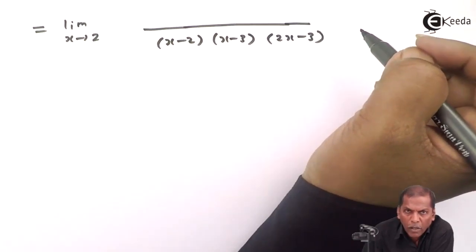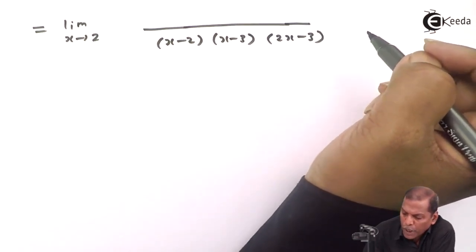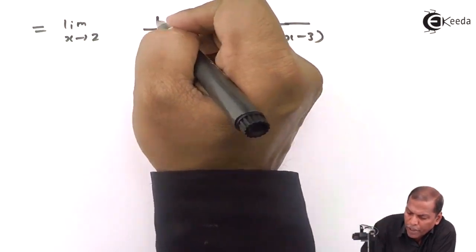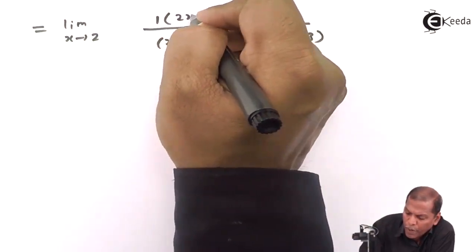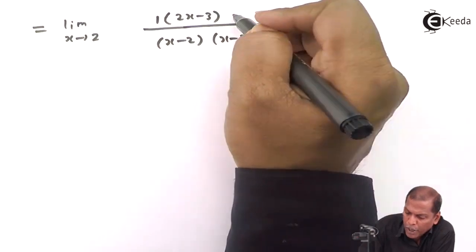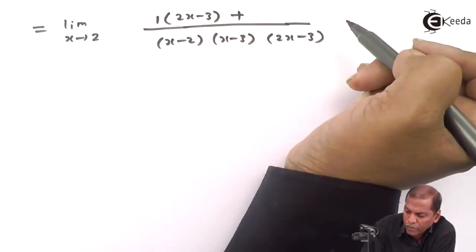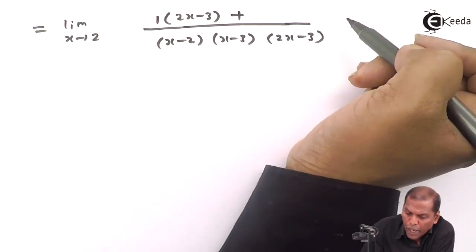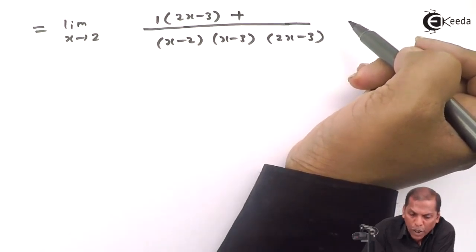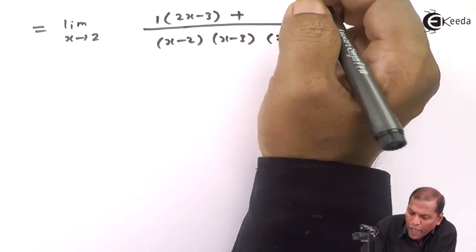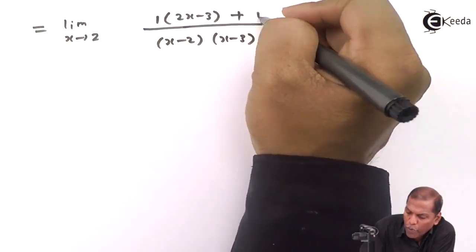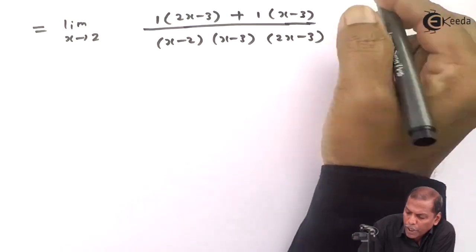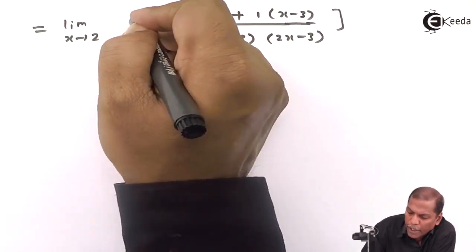Out of that, the term 2x − 3 is absent in the first term, so we write 1 into (2x − 3), then we write the plus sign. In the second term (x − 2)(2x − 3), the term x − 3 is absent, so we multiply 1 into (x − 3) in the numerator.